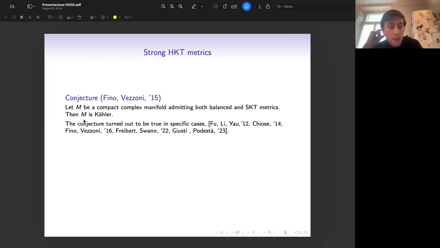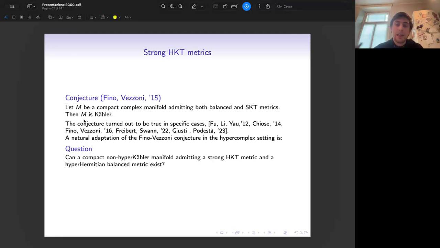Here I cited some. So a natural question in this setting is the following. Can we find a non-hyperkähler compact manifold which admits both a strong HKT metric and a hyper-Hermitian balanced metric?